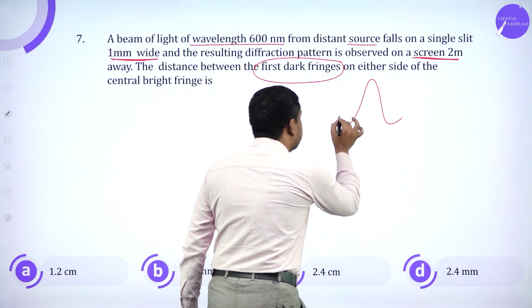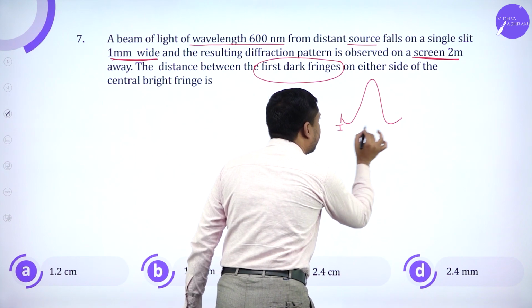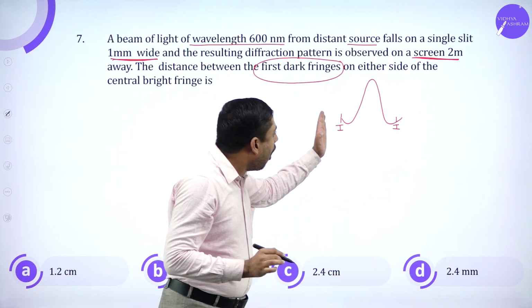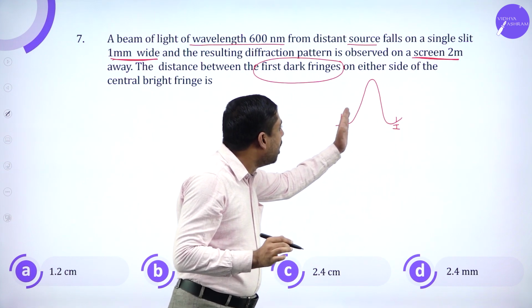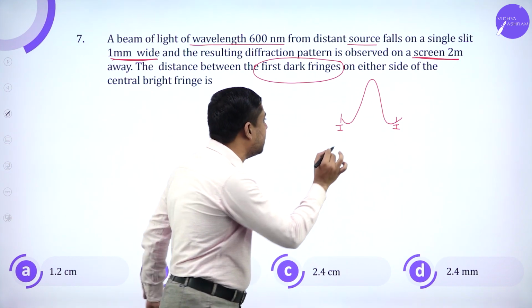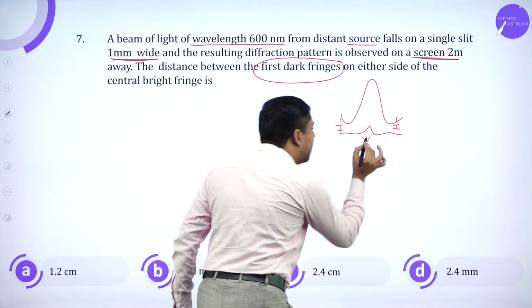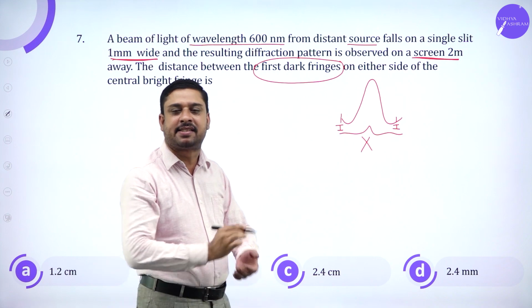So this is the first dark fringe, this is the first dark fringe, on either side of the bright fringe, and I have to calculate this distance x.